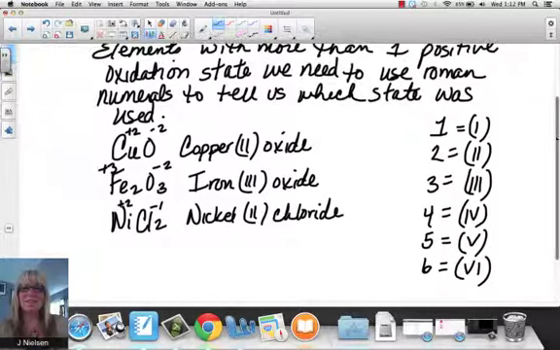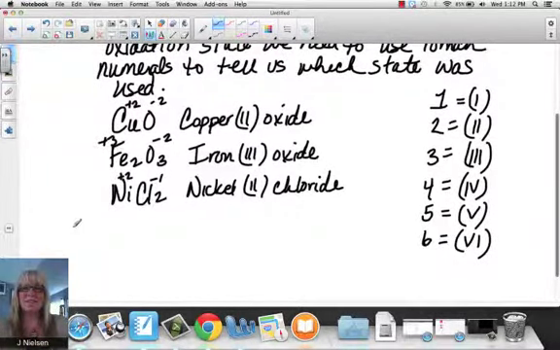Alright, so now I'm going to go right into how do we write chemical formulas from the names. So I'm going to go in reverse order. Since I'm working with transition elements right now, I'm going to start with them.